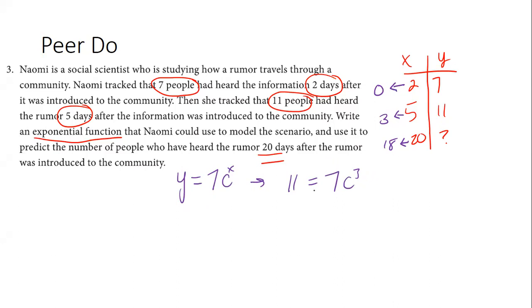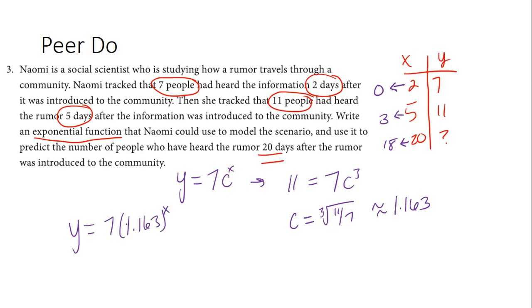Then c equals the cube root of 11 divided by 7. What do we get? There we go, 1.163. So our equation is y equals 7 times 1.163 to the x. So we found our model.